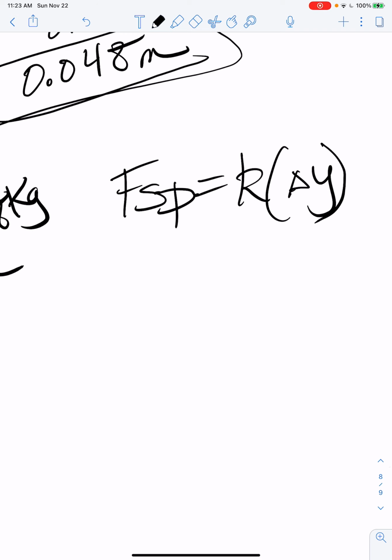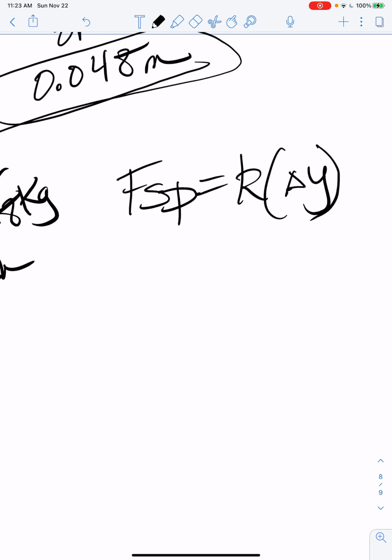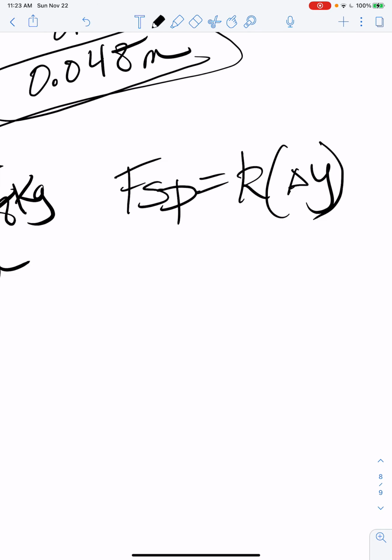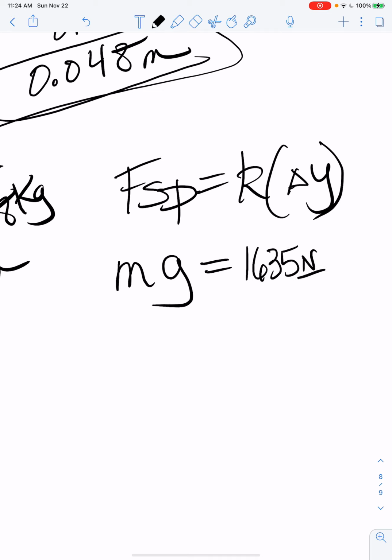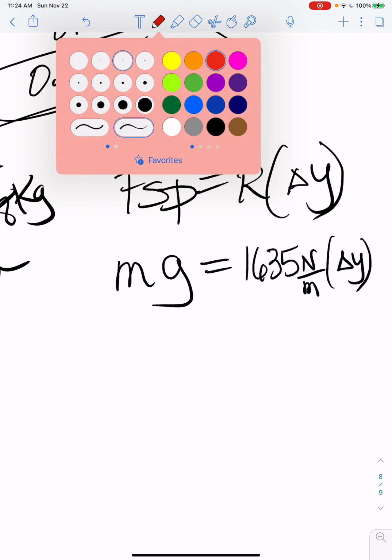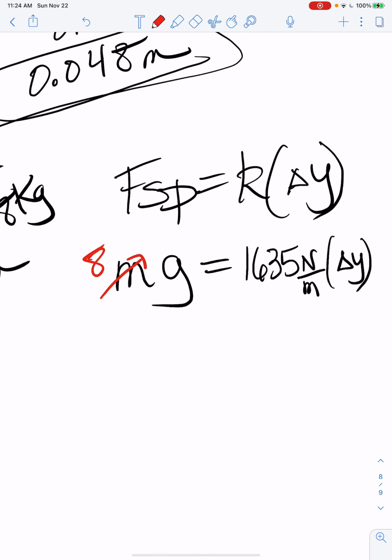We know this new force spring is equal to mg, and we know that k is equal to that 1635 newtons per meter. Delta y is what we want to know. We now know we have an 8 kilogram fish, so this is 8, and this is, of course, 9.81.